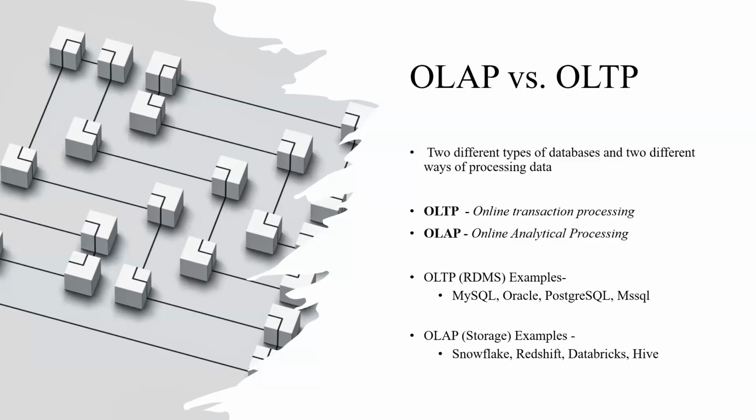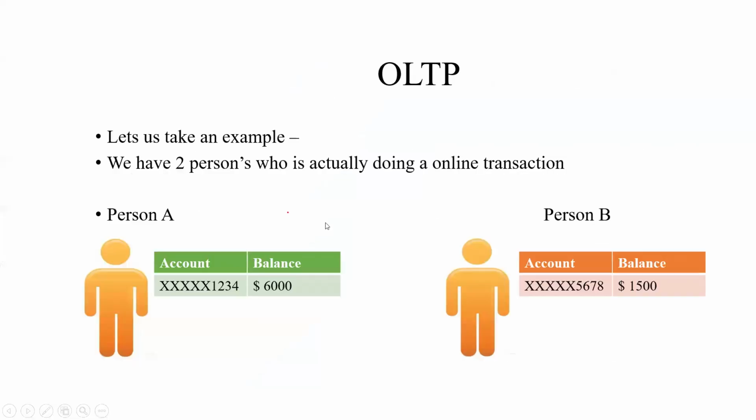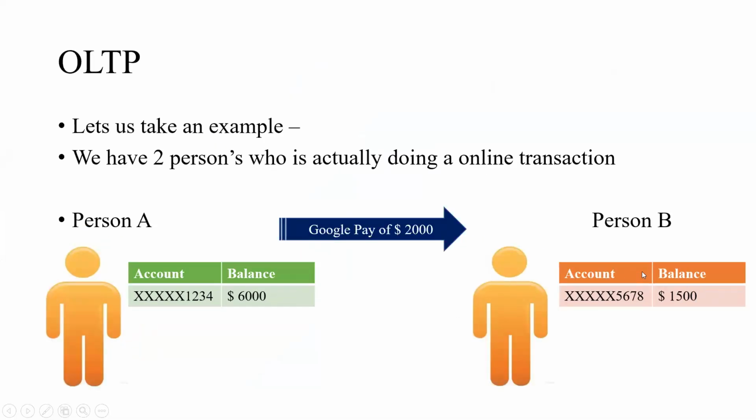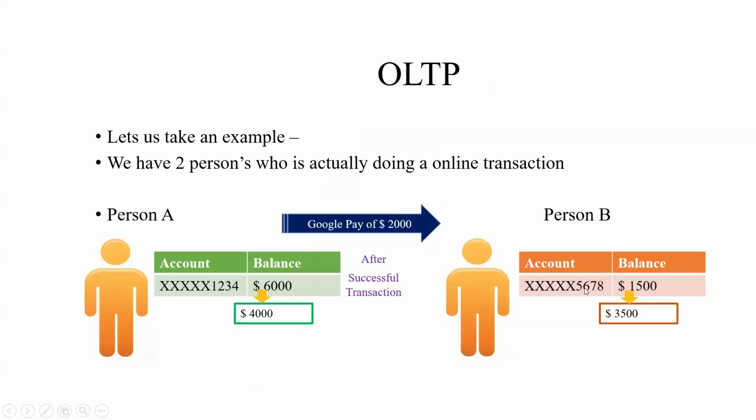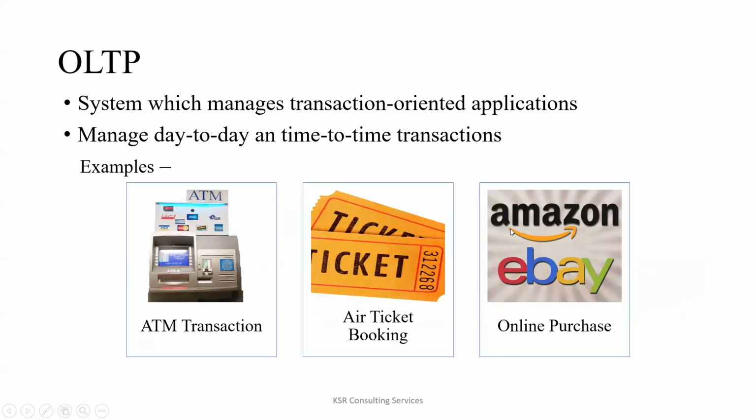Now, how does your OLTP system work? You have two persons, and I need to do a bank transaction. For example, I have 6,000 and I need to send this person, let's say, 2,000. That will be removed from here and added here. All these things you are doing, I need to keep under our OLTP systems.